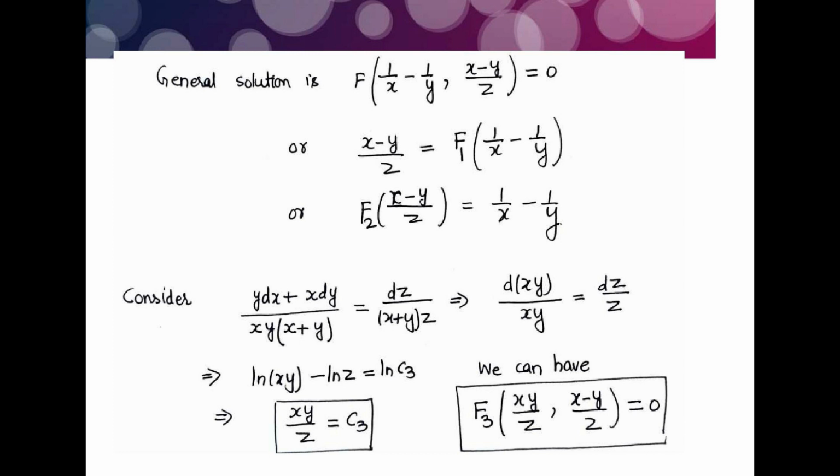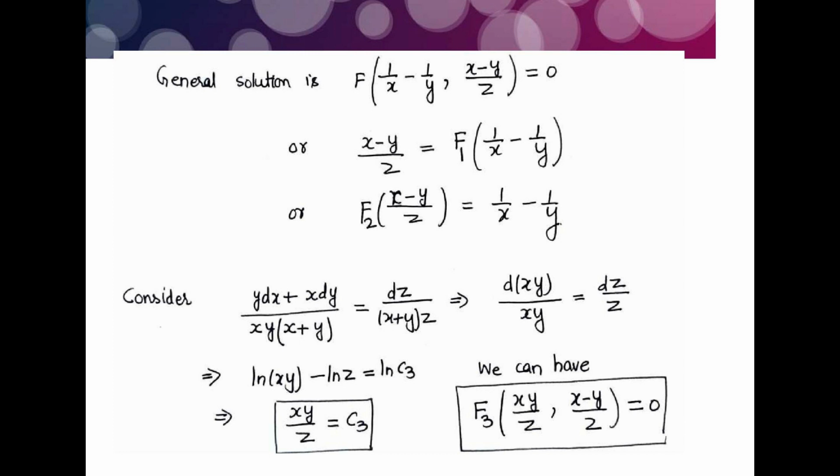Now we have three functions here: 1 upon x minus 1 upon y, x minus y divided by z, and third one is xy over z. Now out of these three functions you can use any of the functions, the value is always going to be same. This third function is as such looking something new, but actually it is not new function.